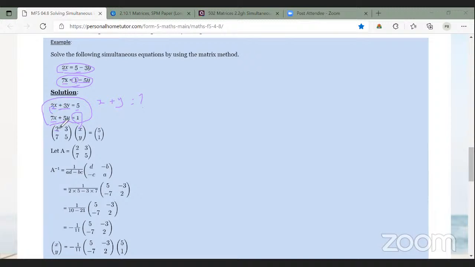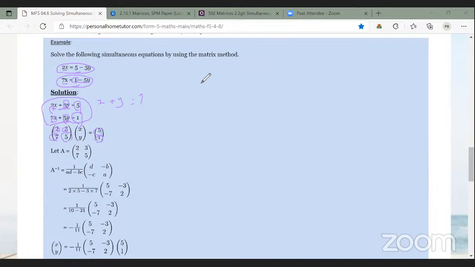So you have 2 and 3, and then you write on the 5 here. And then you have the 7, 5, and 1. And then you just put in the brackets and the x and y.